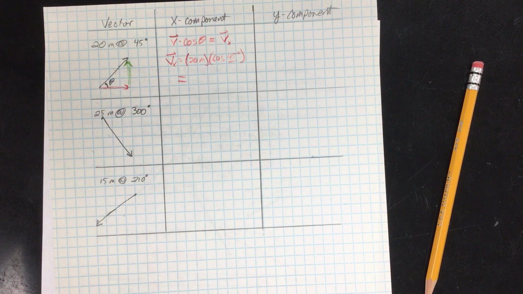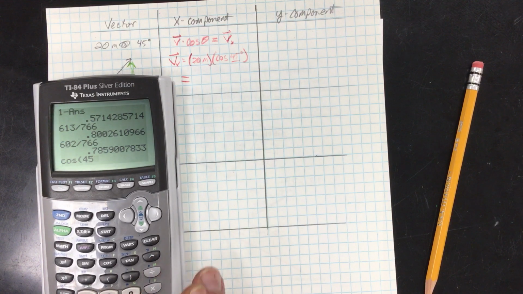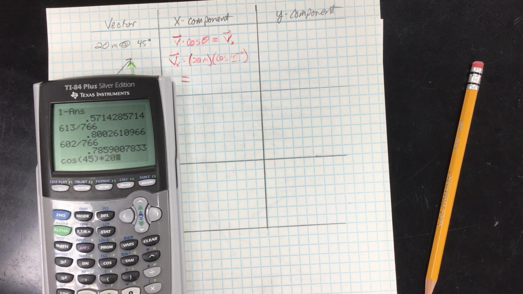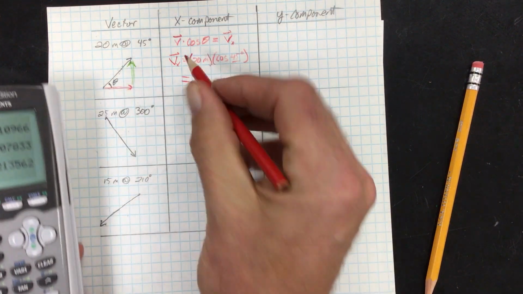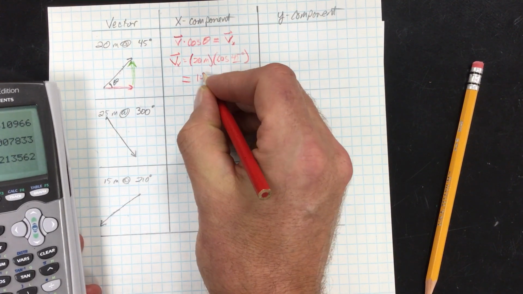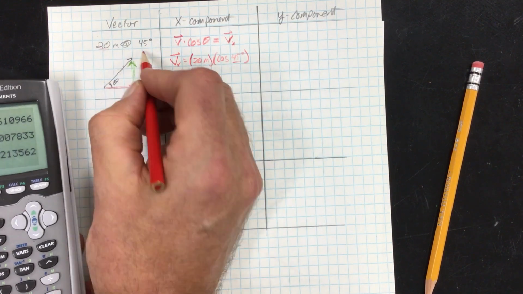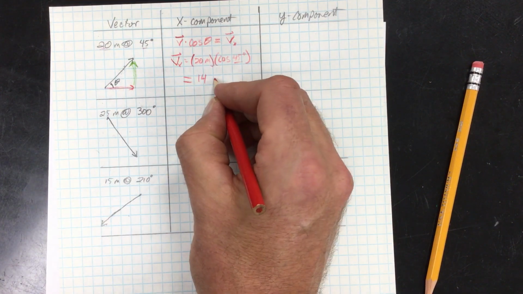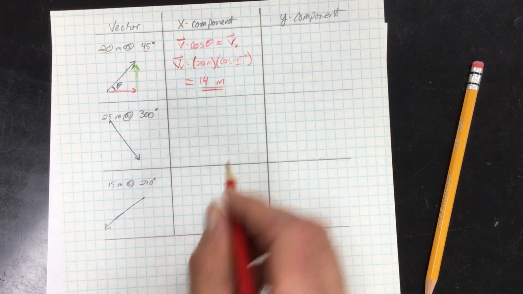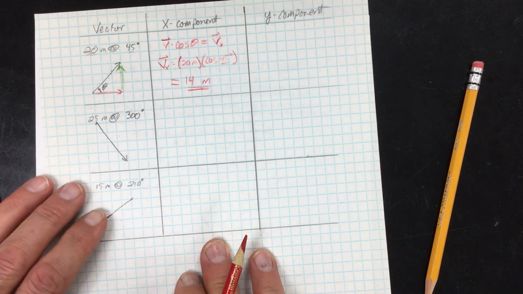So I'm going to take the cosine of 45 times 20, and that gives me 14. I'm just going to go to 2 sig figs because that's all I was given in either of my numbers. So that's 14, and in this case we're measuring in meters. All right, so I'm going to need that information for later.